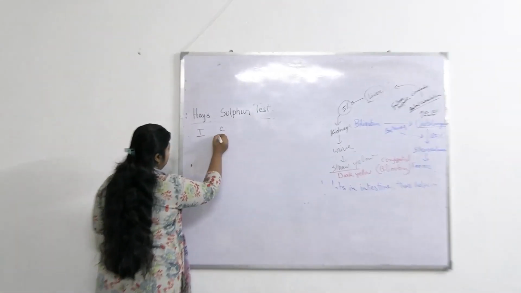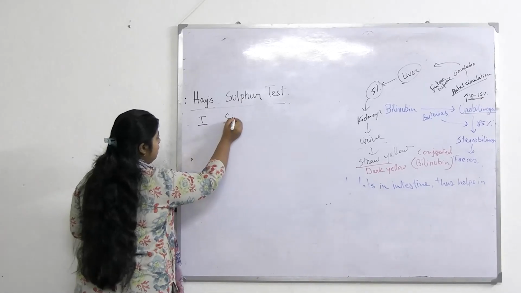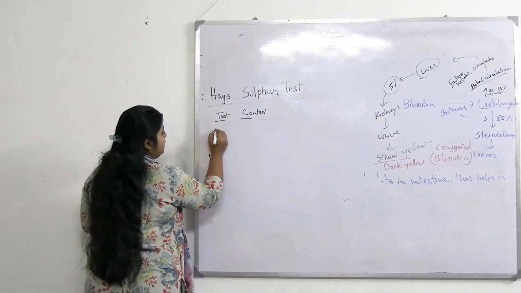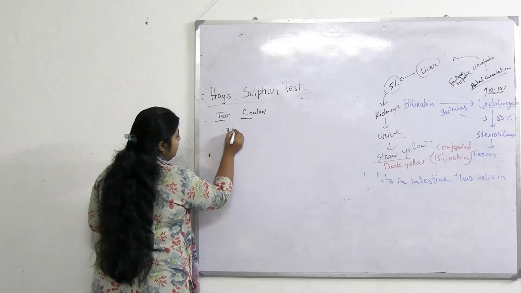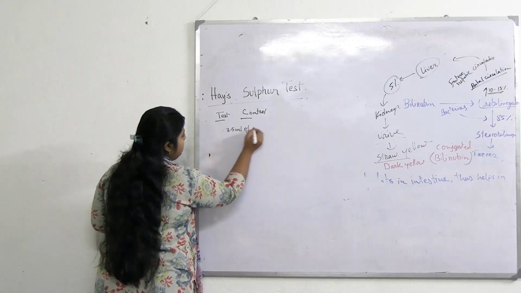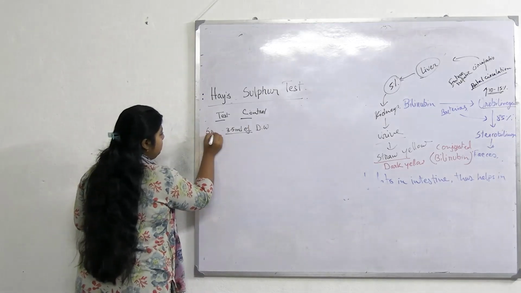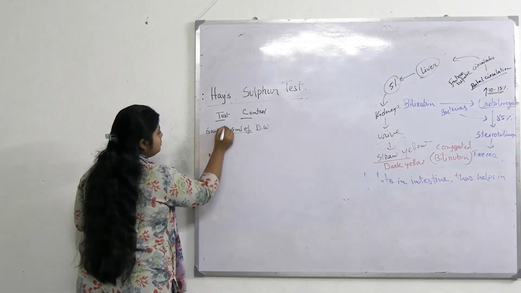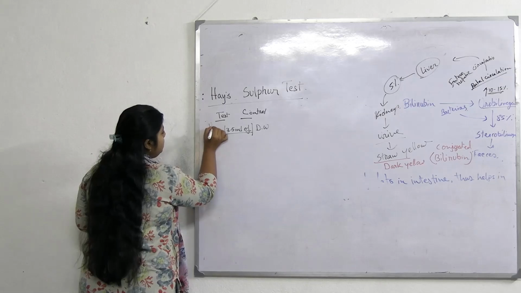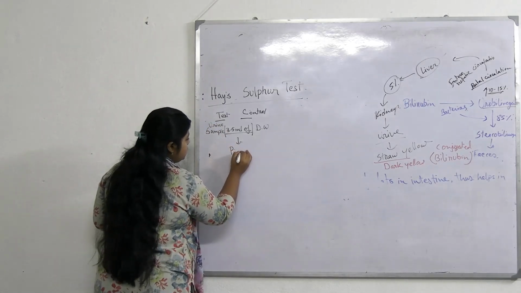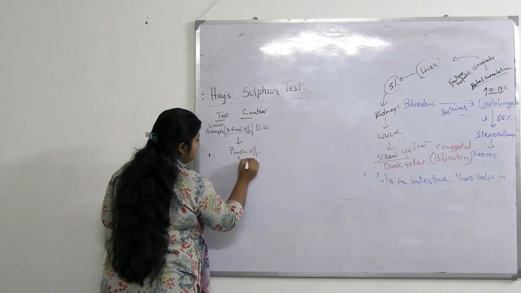So we will take 2 test tubes and mark one as T for test and the second as C for control. In both cases we will take 3 to 5 ml of, here distilled water, here urine sample. Next, a pinch of sulfur powder.